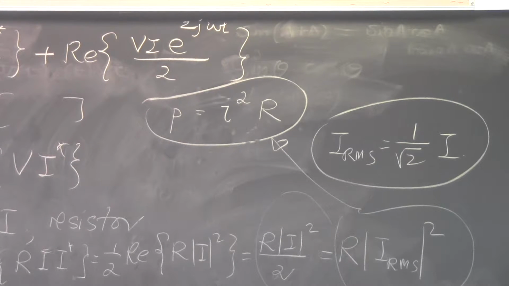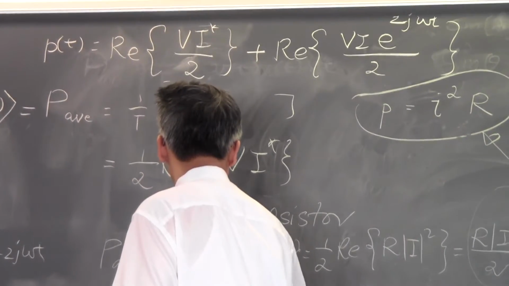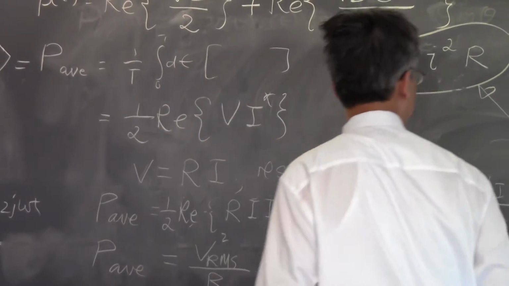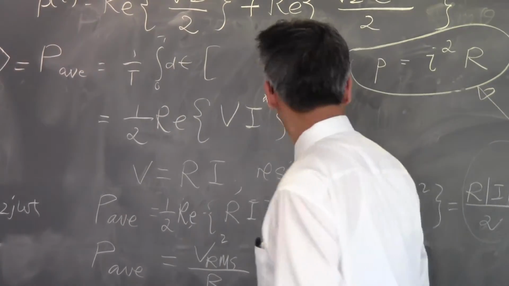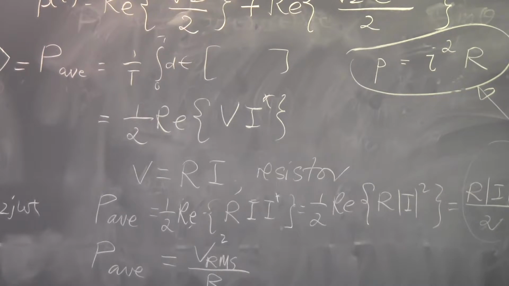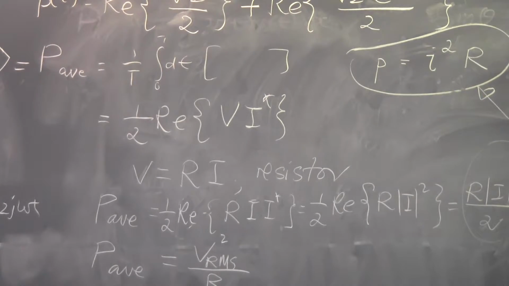And by the same token, you can also calculate the average power in terms of the voltage, which is V root mean square squared over R. If the root mean square is defined to be the magnitude and always a real number, you don't really need the magnitude sign.